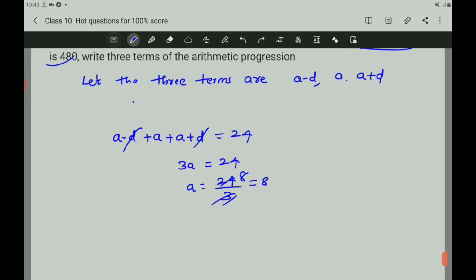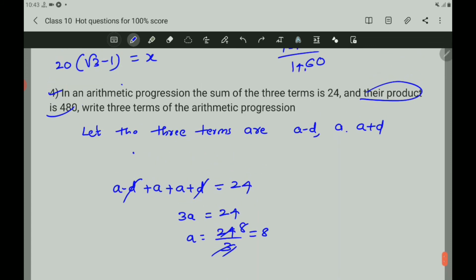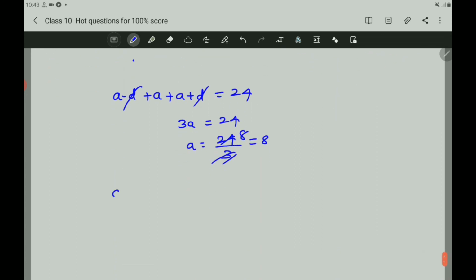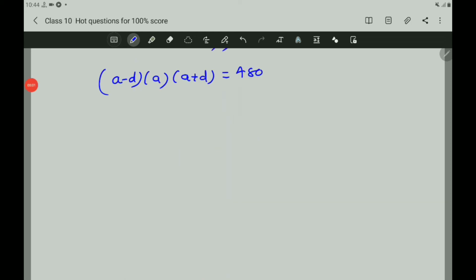Now their product is 480. So you take A minus D into A into A plus D equals 480. Then you write A minus D, that is 8 minus D, into 8, into A plus D. Here in the place of A, write 8.